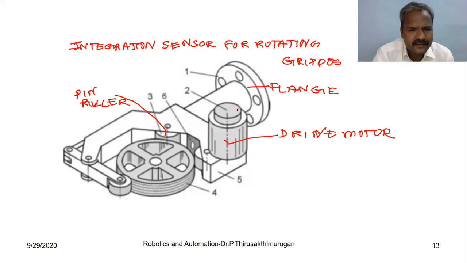Then there is the housing measuring device. Five is the gripper housing.